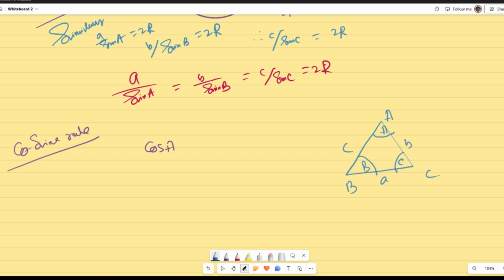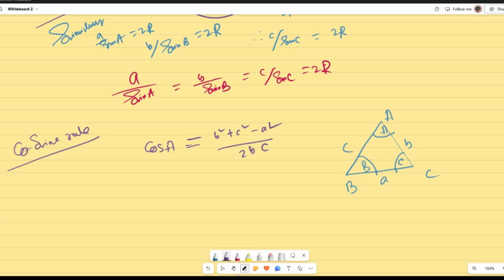I'm just writing the rule here. Cos A, we can prove by using simple geometry and trigonometry, by drawing a perpendicular, all these things: b square plus c square minus a square by 2bc.